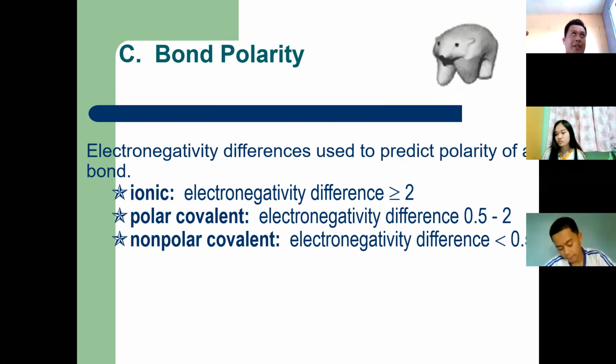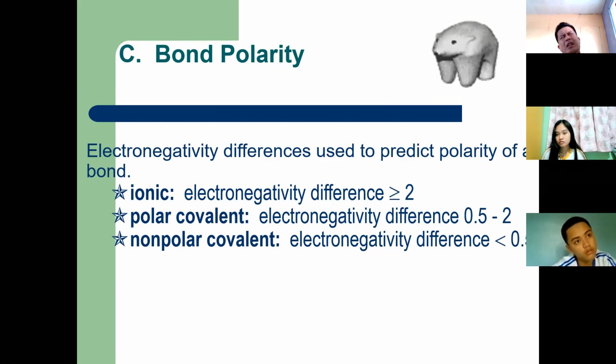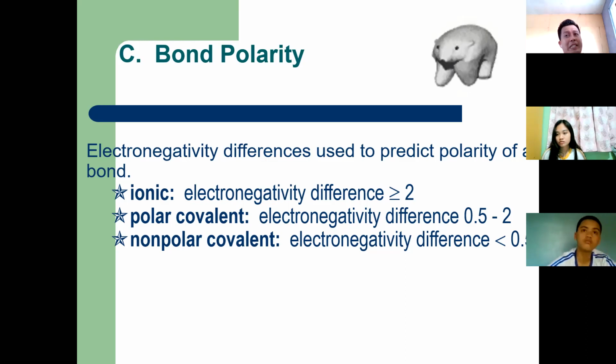Notice the electronegativity difference of water is 1.4. It falls under the range of 0.5 to 2. So the molecule of water is exhibiting a polar covalent bond. Then the shape is slightly bent.